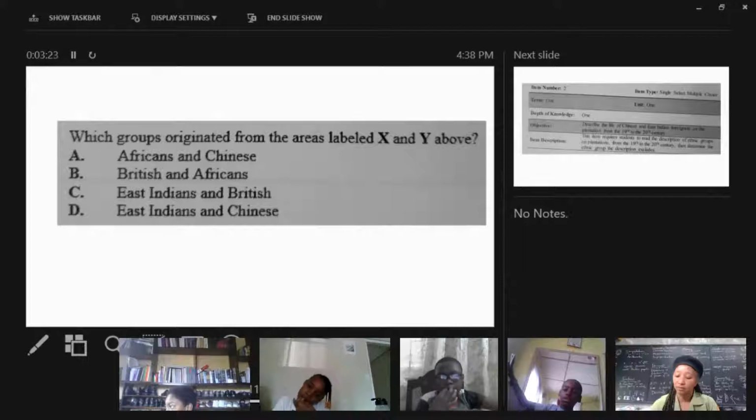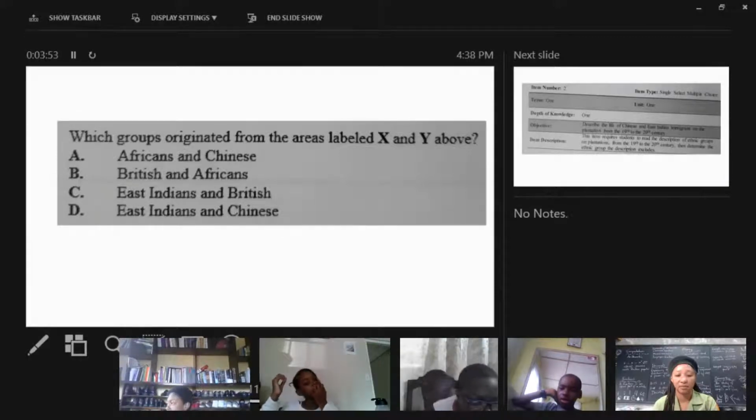And D. East Indians and Chinese. Which of the groups originated from the areas labeled X and Y above? A. Africans and Chinese. B. British and Africans. And C. East Indians and British. And D? Oh, D. East Indians and Chinese.